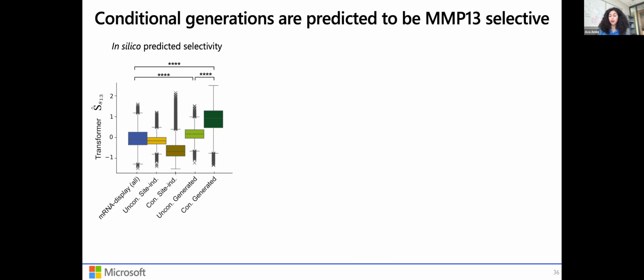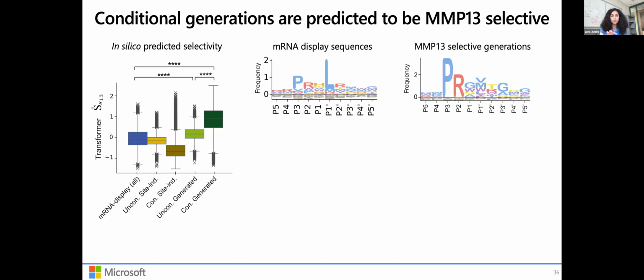And that's exemplified further, where now, again, if we zoom in on the sequence level composition, we see now a new motif appear where the generations that we're producing for MMP13 selectivity seem to be dominated by the presence of this arginine at the P2 position, which is quite different and distinct from the total distribution of MMP sequences we started with.